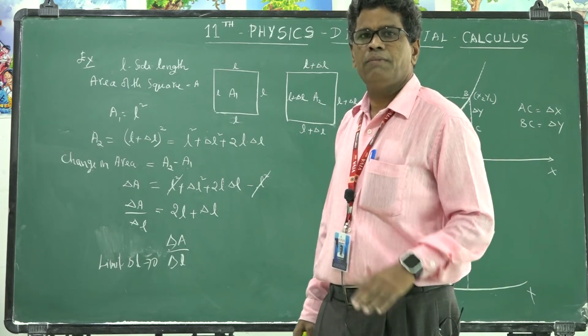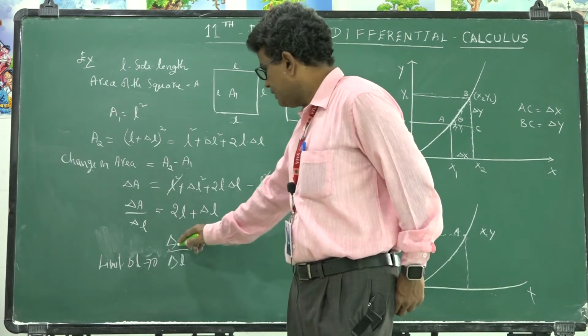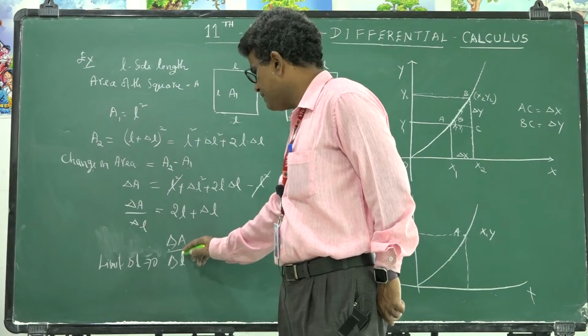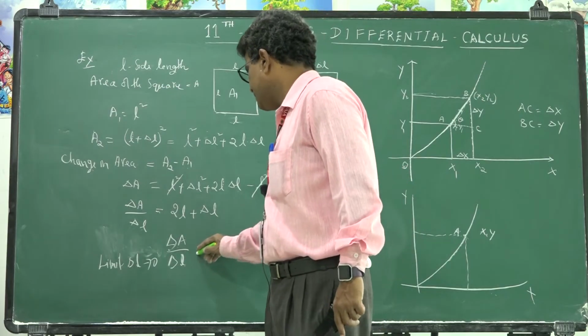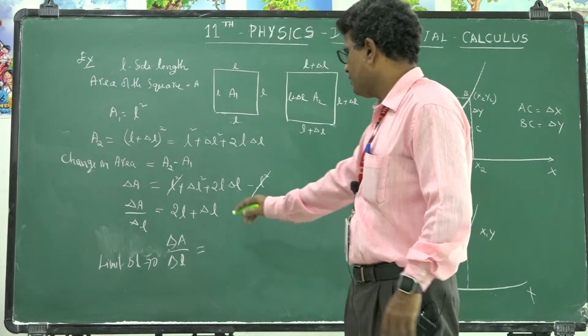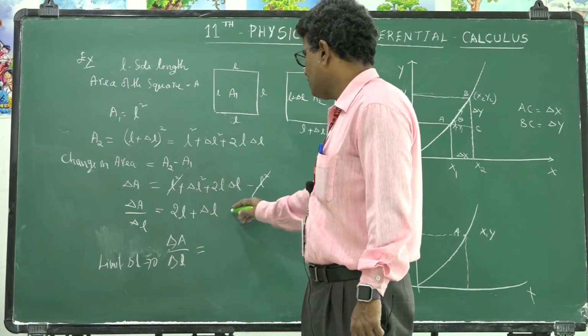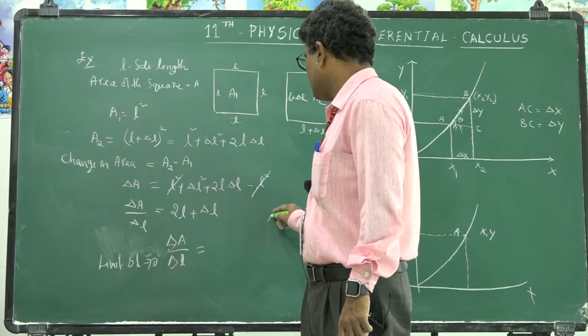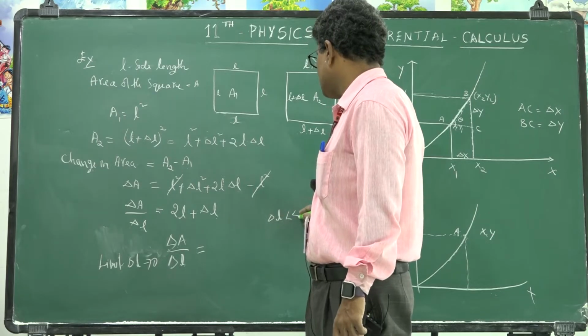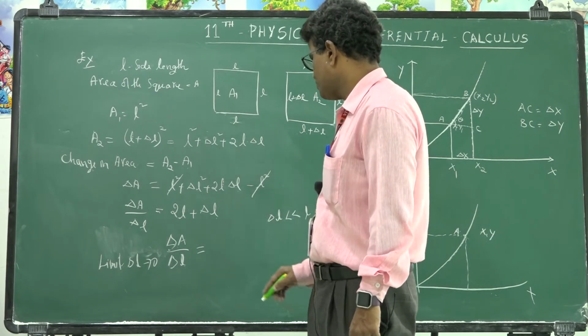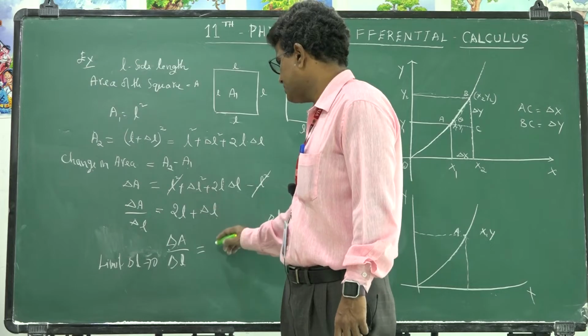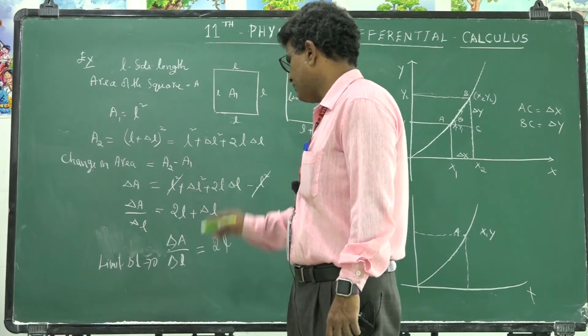Delta L is very small when compared with L. So delta L is very much less than L, a small increment value. So you neglect this value, and you will get 2L.